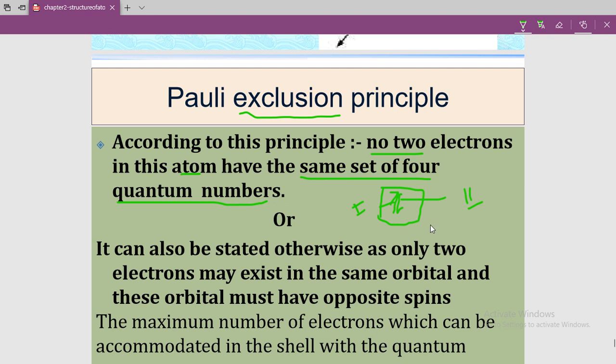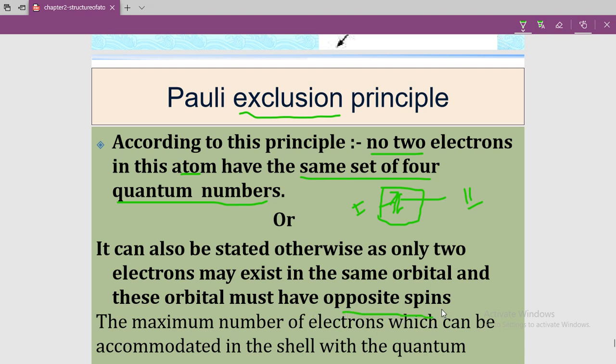If n, l, m are similar, then the spin quantum number will be different. Therefore, according to this rule, only two electrons can exist in the same orbital, but their orientation will be opposite.